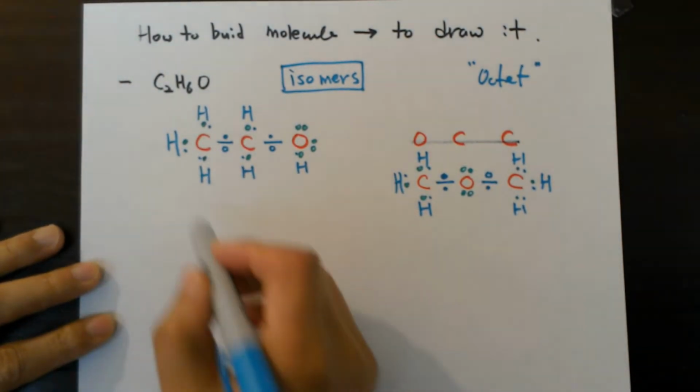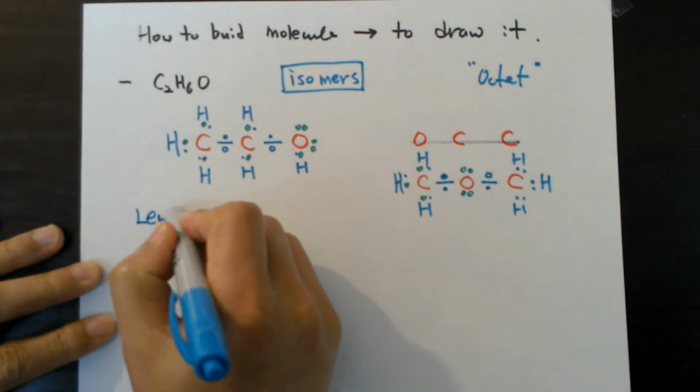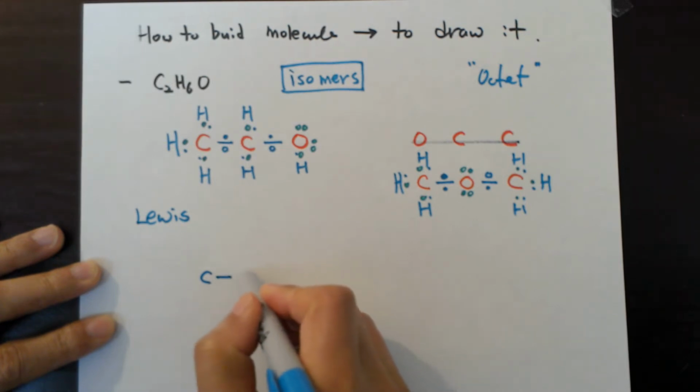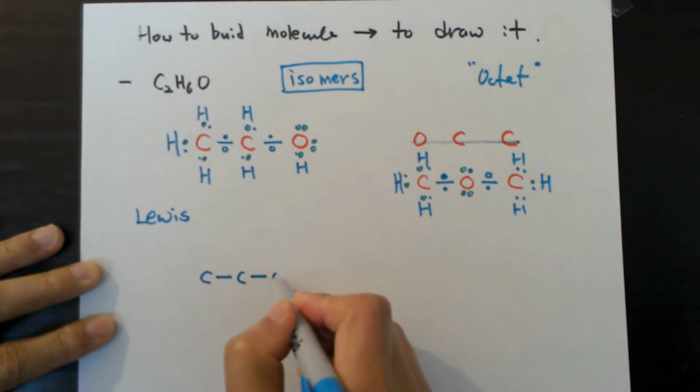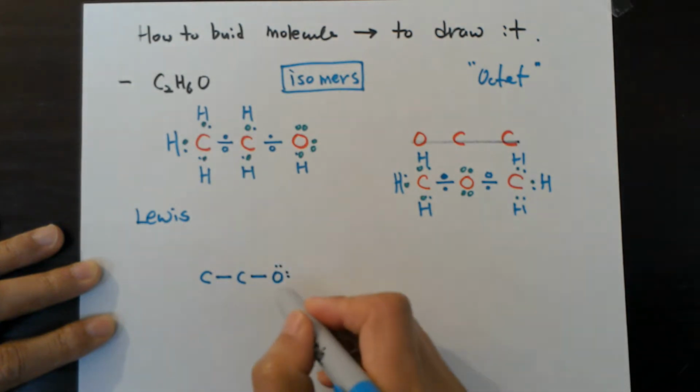Then you can redraw these Lewis structures this way, converting 2 electrons into lines. And you have to leave the lone pairs as they are.